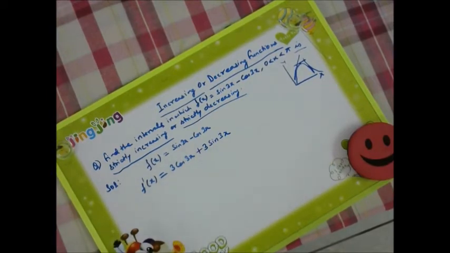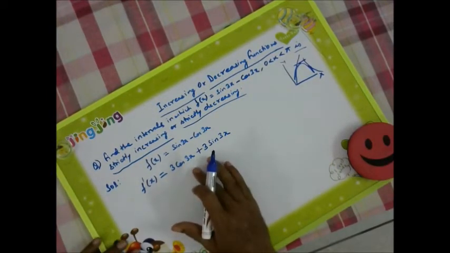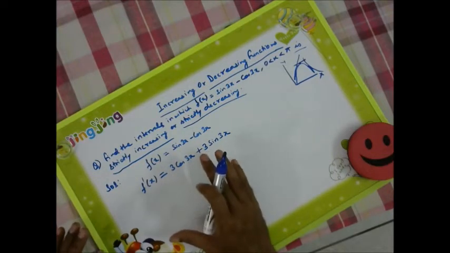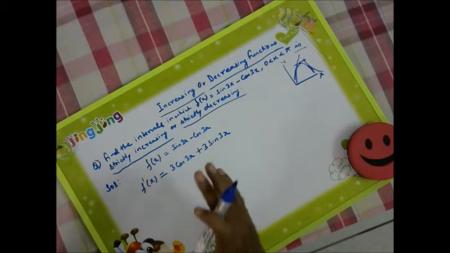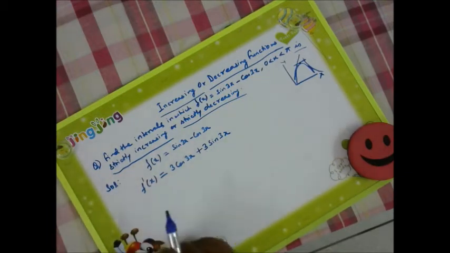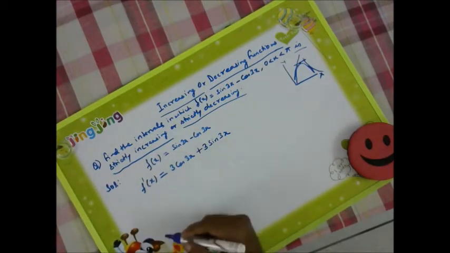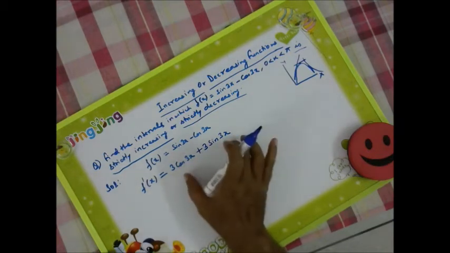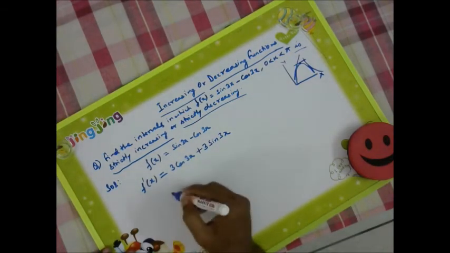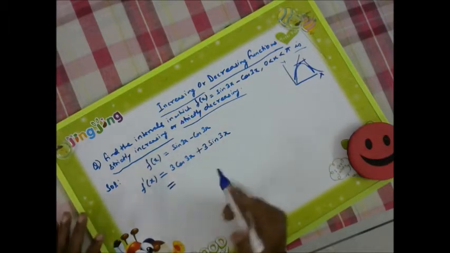Now, this f dash x we need to put in such a way that we get one single value of sin x or cos x. So we will modify this particular f dash x by utilizing some formulas.